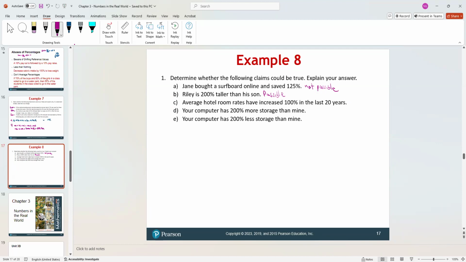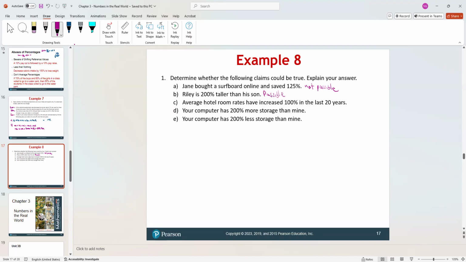They don't say how tall the son is. Maybe the son is only 12 inches or 20 inches. So let's say 2 and 6, right? That makes more sense.